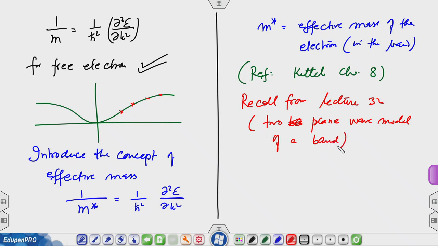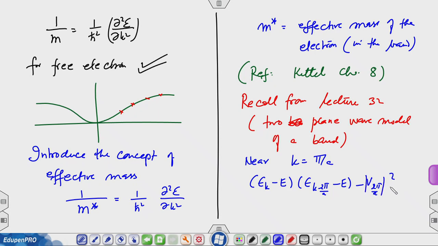And there, near k equals pi by a, we found the energy by epsilon k minus E, times epsilon k minus 2 pi by a minus E, minus V 2 pi by a mod square equals 0 gave the band energy, where epsilon k is h cross square k square over 2m, the free energy.